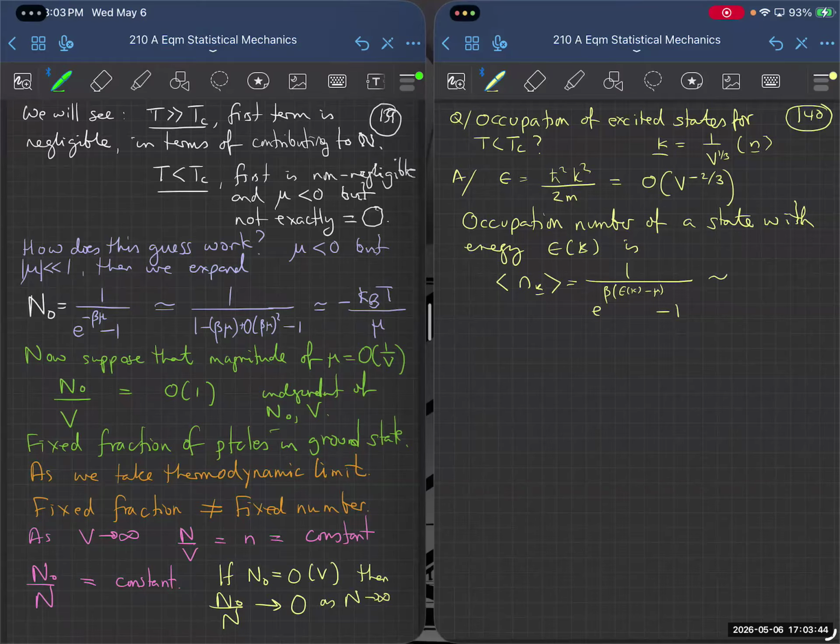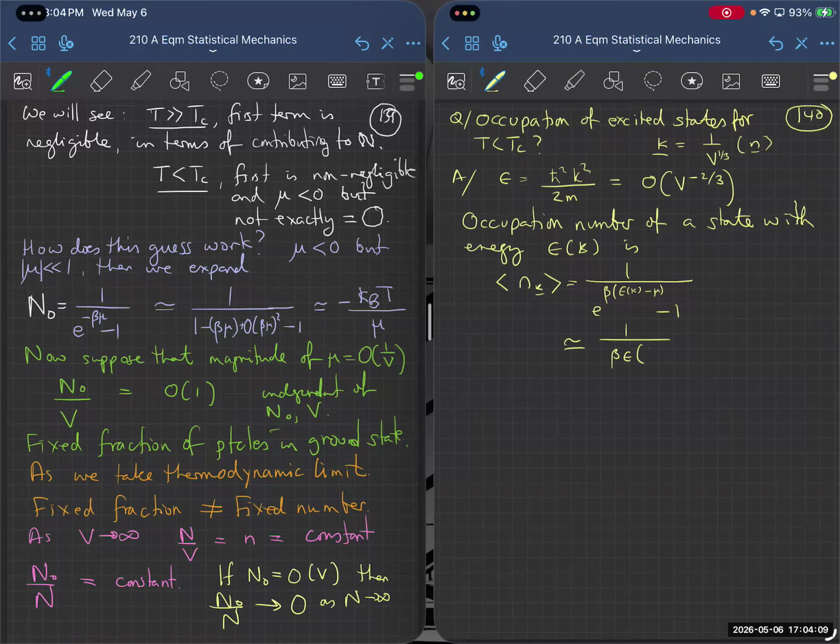And then this thing, I can write this as, roughly speaking, 1 over beta epsilon and then beta times mu. So beta epsilon scales as V to the minus 2/3.